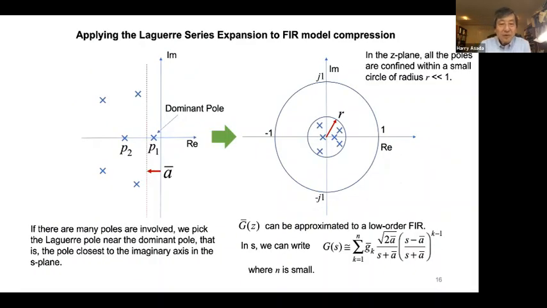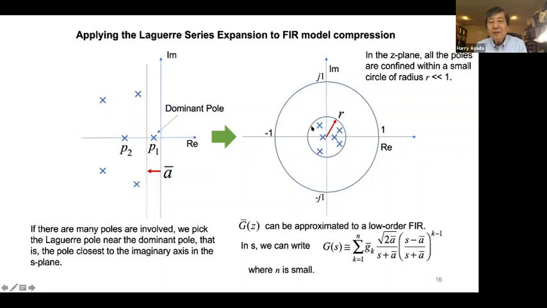Okay, so what you can do is, given some possible pole locations of the system, pick a Laguerre pole close to the dominant poles. Then map all these poles to the Z domain.